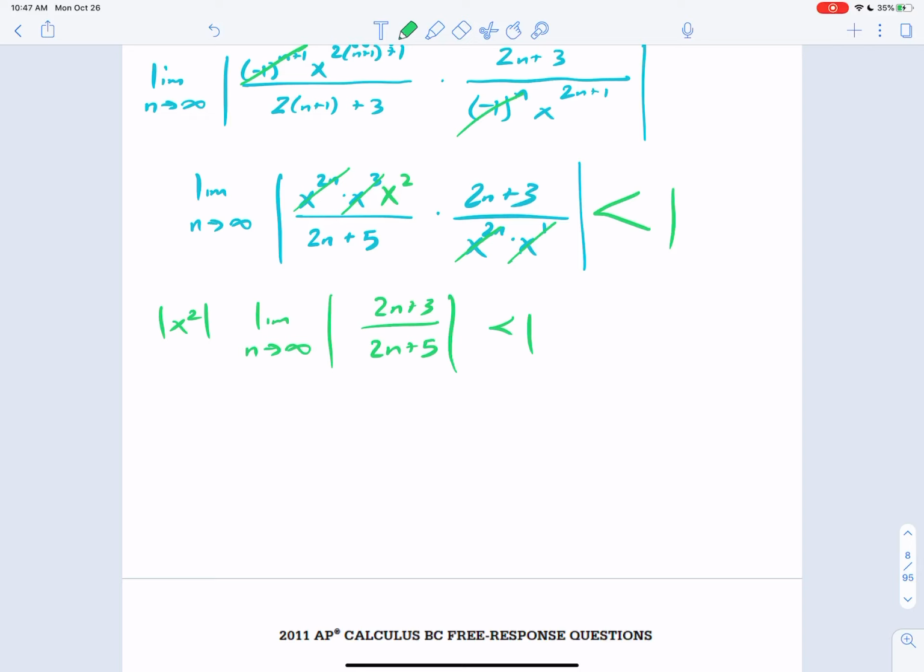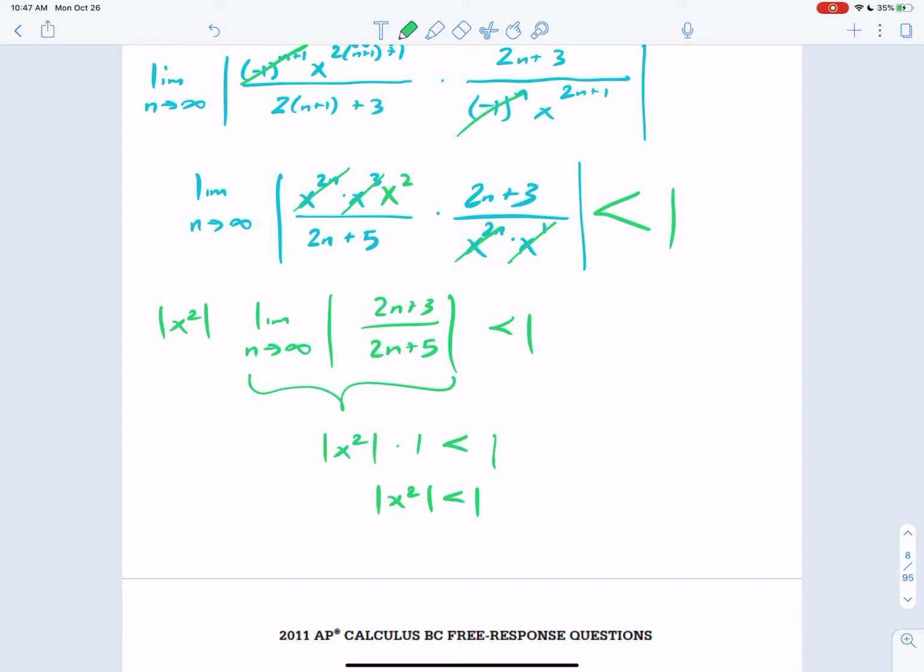All right. This limit here should come out to 1. So remember, when n gets really large, the constants become insignificant, okay? So that's going to come out to 1, and we're going to be left with the absolute value of x squared times 1 is less than 1, okay? The absolute value of x squared is less than 1 here.